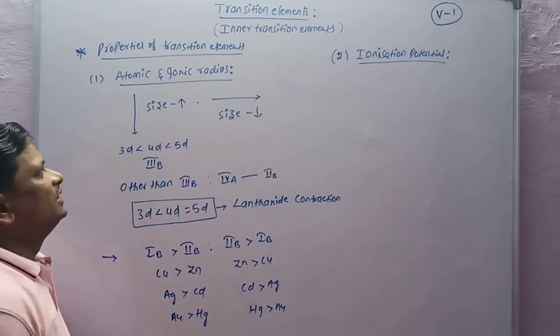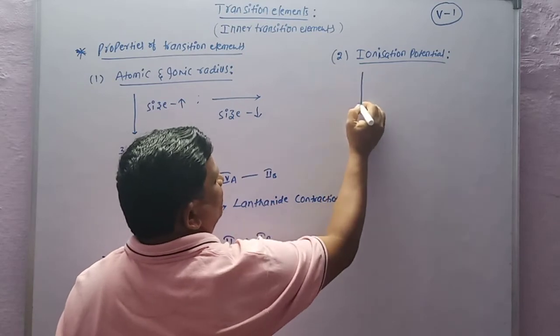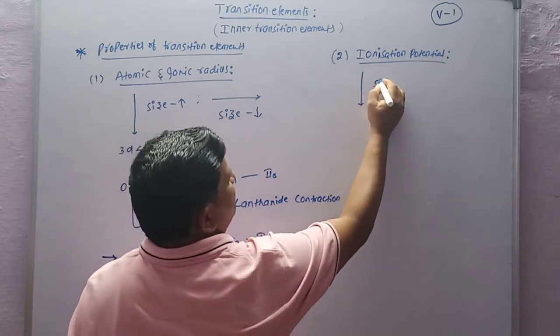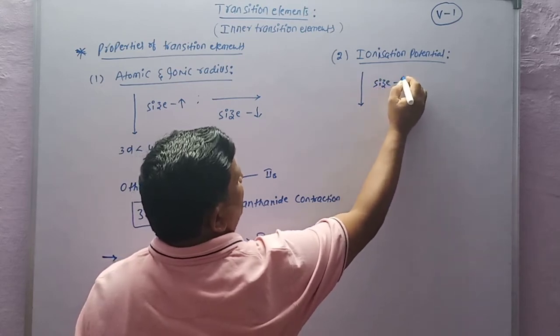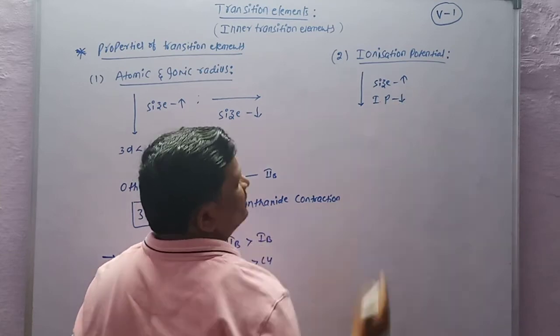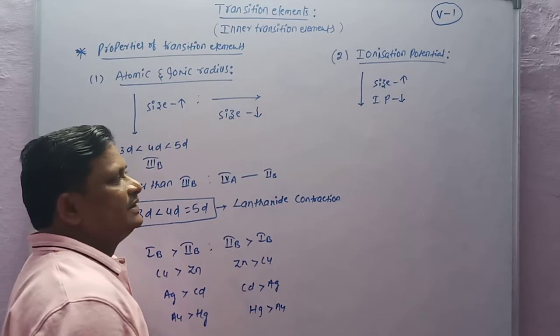Ionization potential. So same as from top to bottom size increases. Size increases, ionization potential values decrease. IP values decrease.